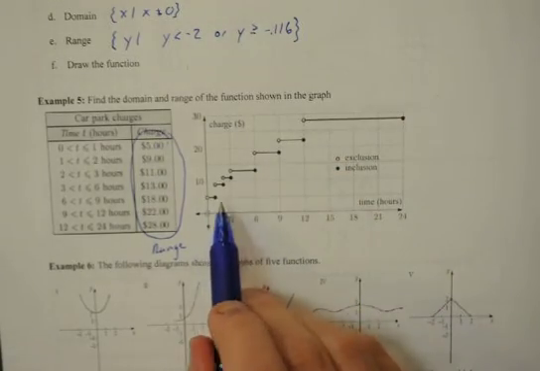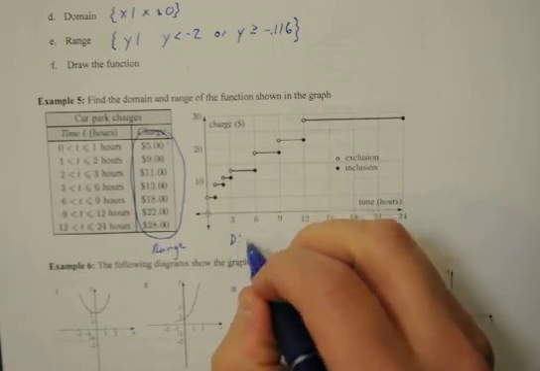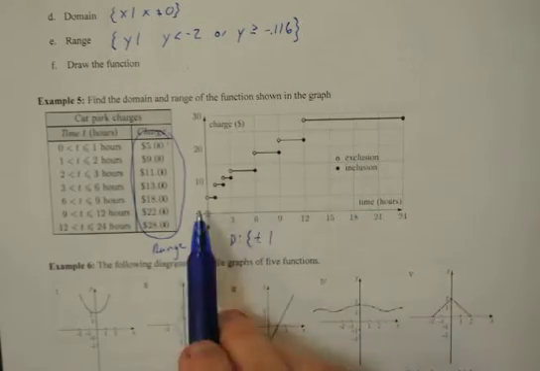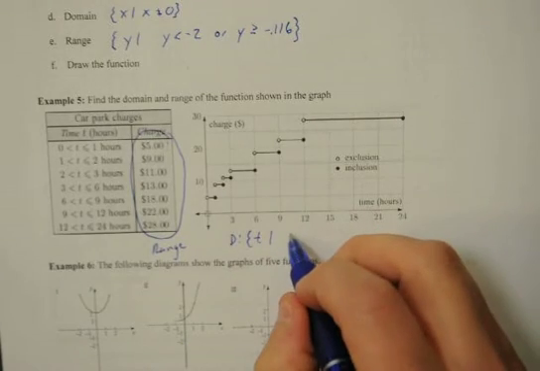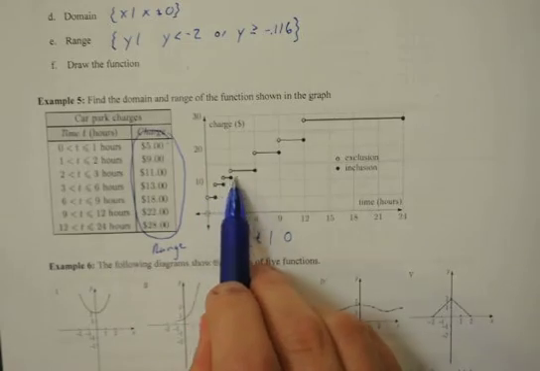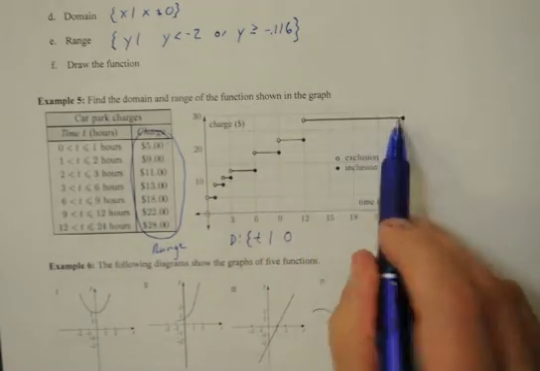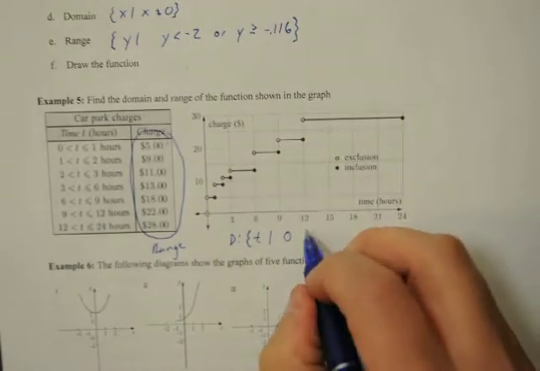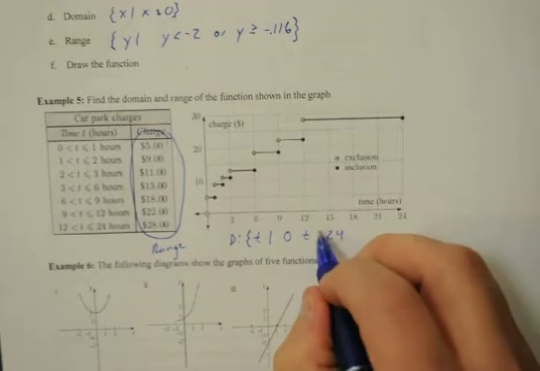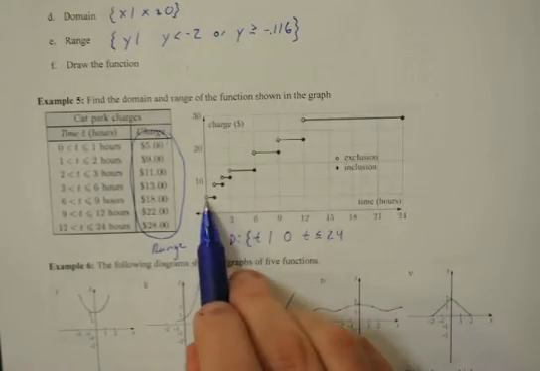Now the domain is t, such that we start at 0 and we go up until 24 hours. We include 24 hours. We do not include 0.